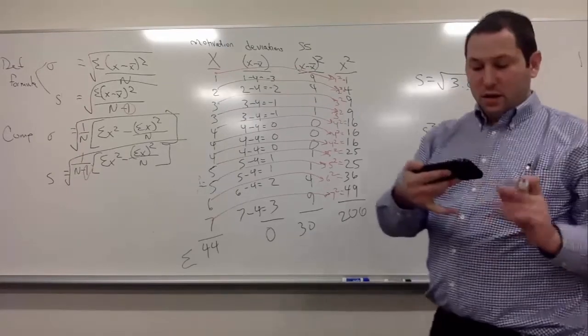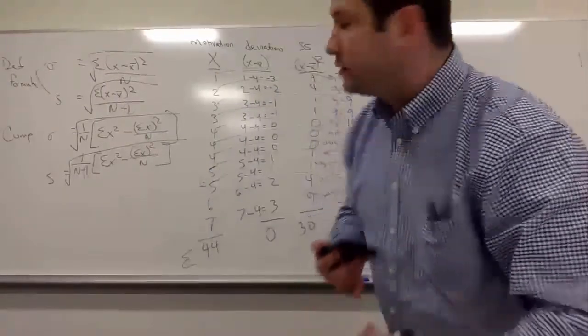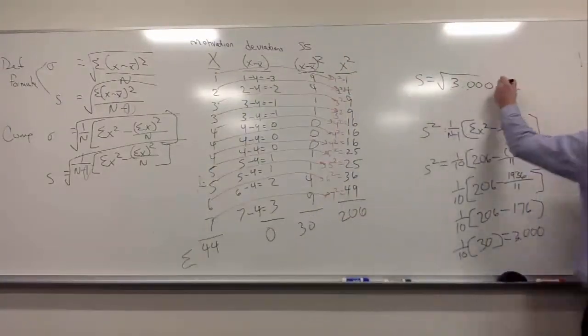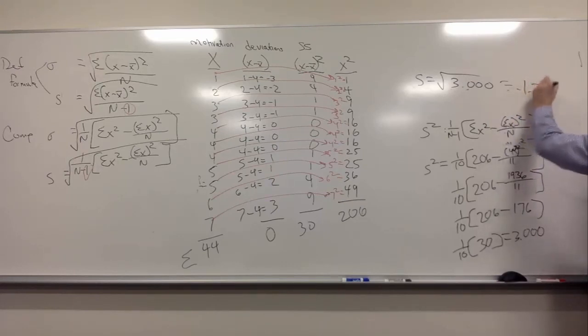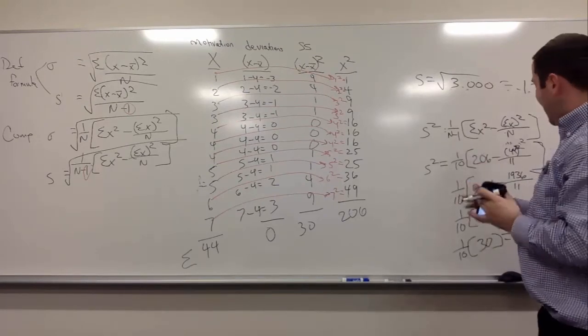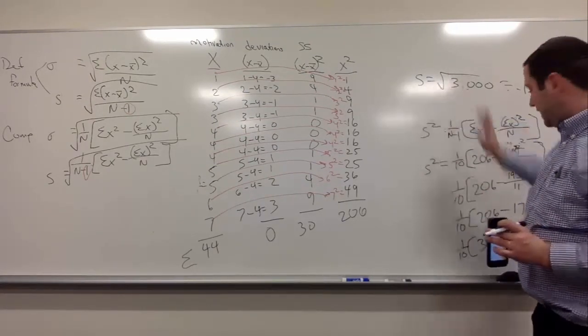If you got 1.732, you are correct. So the square root of 3 is 1.732. Okay. Now, that was standard deviation for a sample.